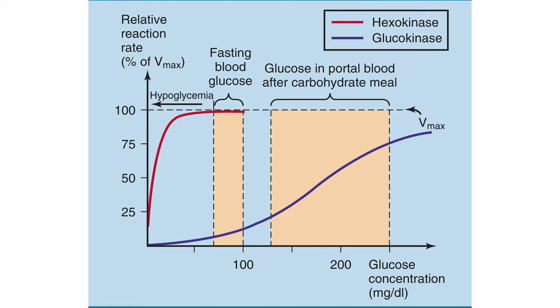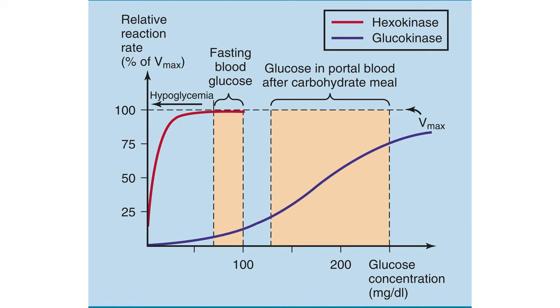So, once you have eaten your meal, the duodenum has digested, processed the starch to produce glucose. The duodenum and the small intestines absorb that glucose and create blood that has high levels of glucose in the portal vein.